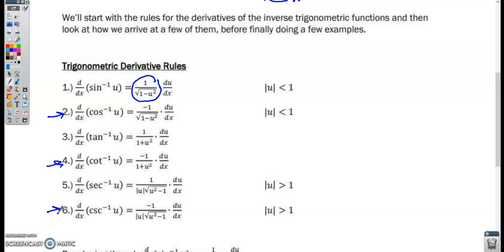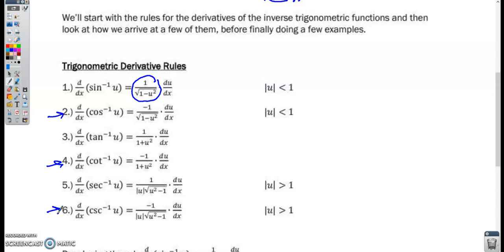All right. So in this lesson, this video and following videos, as we develop these rules and do examples, we're going to develop the rules for the arc sine. And then just know, if you develop the rule for the arc sine, the process for developing the rule of the arc cosine is pretty much exactly the same, with some very minor differences.